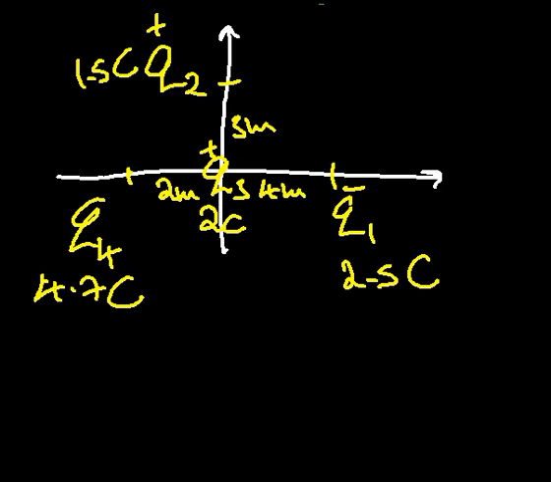Now, what is the net force and the direction acting on charge 1 due to the other charges? So the principle remains the same. Since this is two-dimensional, the expression will just be expressed as F1 net.